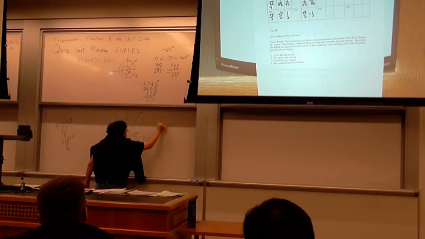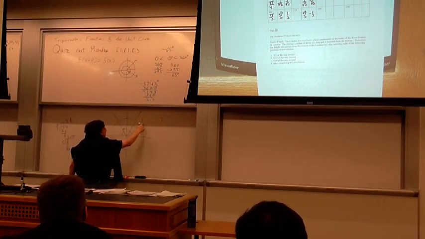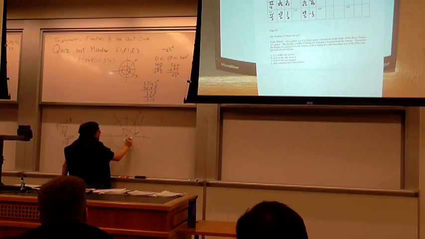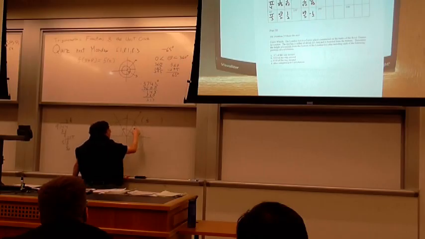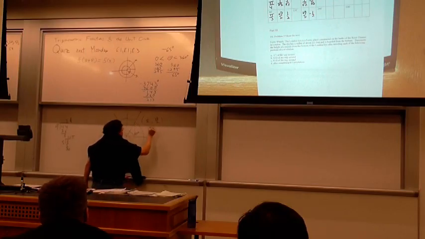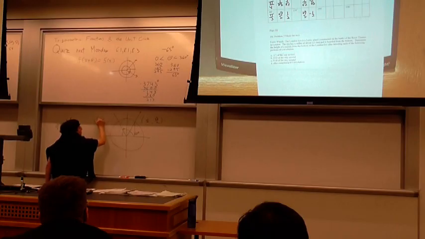So the cosine is the adjacent over the hypotenuse, so that's 1/2. The sine is the opposite over the hypotenuse, so that's square root of 3 over 2. So all I really need to do here is figure out which of these is negative.